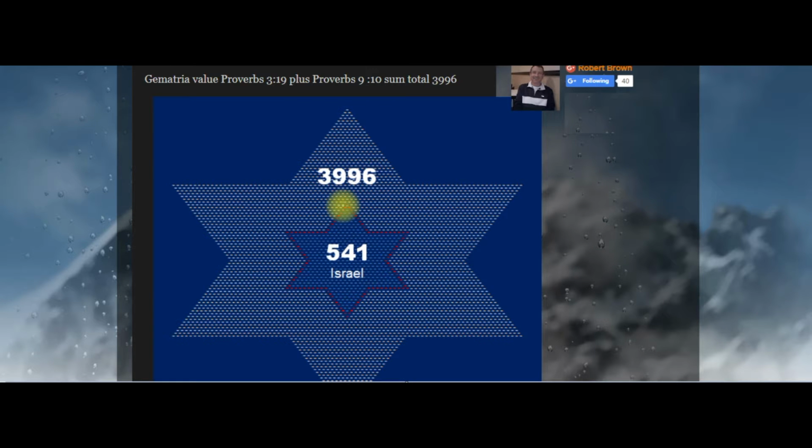So Proverbs 3:19 plus Proverbs 9:10, having a sum total of 3,996, as well as a number of units that embrace the Israel star, 541 units.